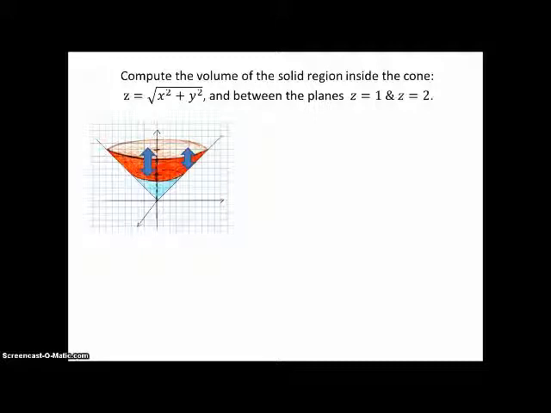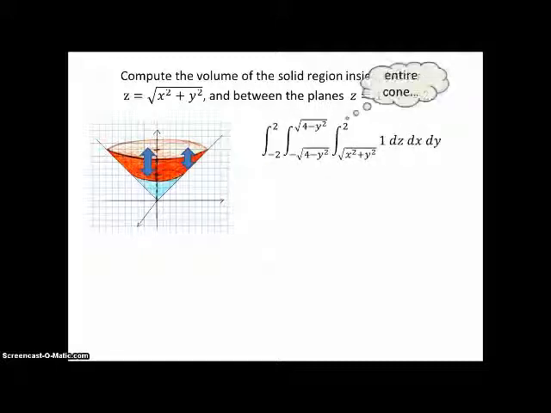However, we could do the entire cone if we let z always move from the cone up to 2, and we let x move from one side of the circle to the other. Then we can let y finally go from negative 2 to 2 for our outer integral. But I'm also noticing at this point that these limits of integration are reminding me of polar formulas.